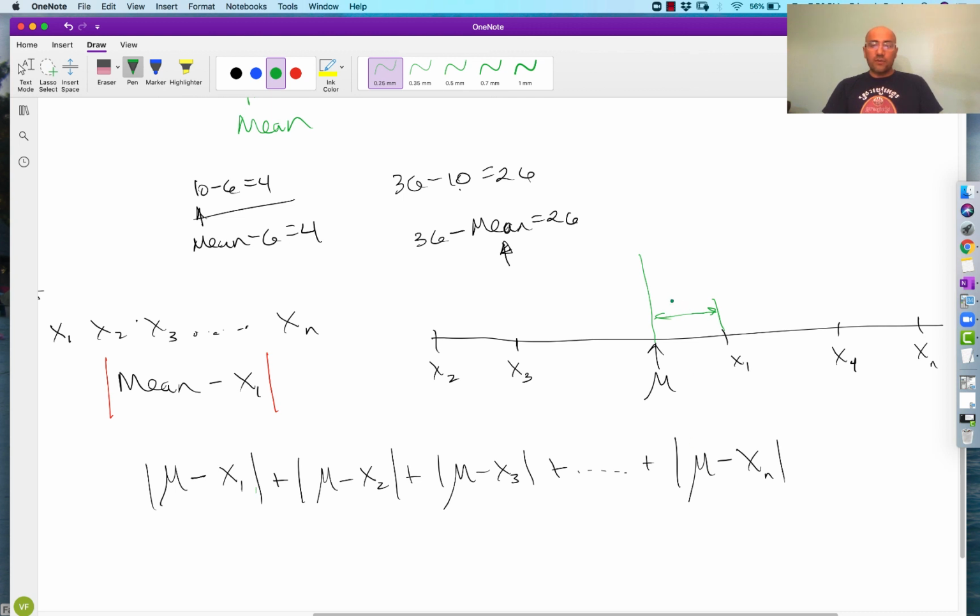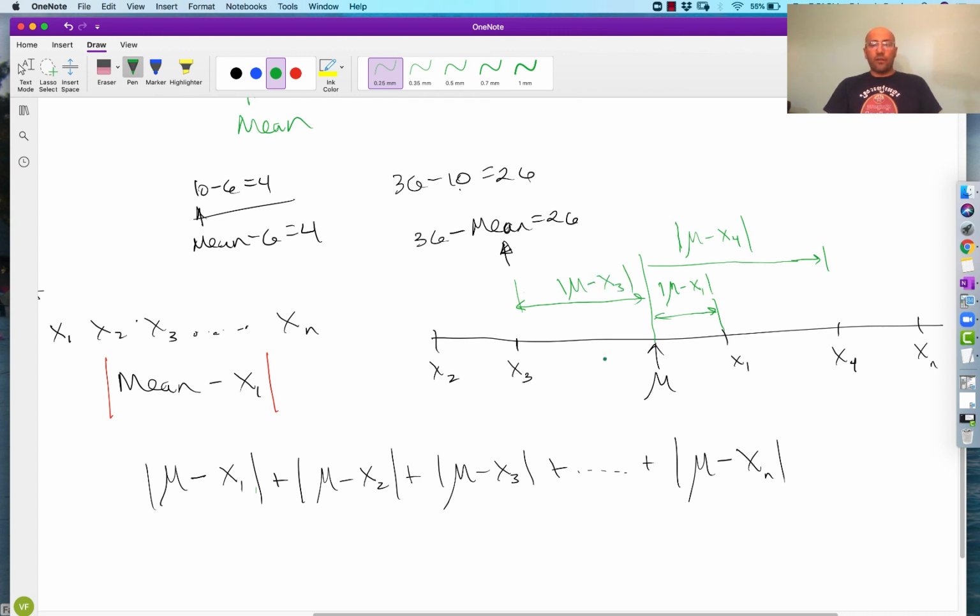So this distance right here is the absolute value of mu minus x1, like that. And then this distance from here to there is going to be the absolute value of mu minus x sub 4, like that. Good. And then this one over here, the distance between those, is going to be the absolute value of mu minus x sub 3.